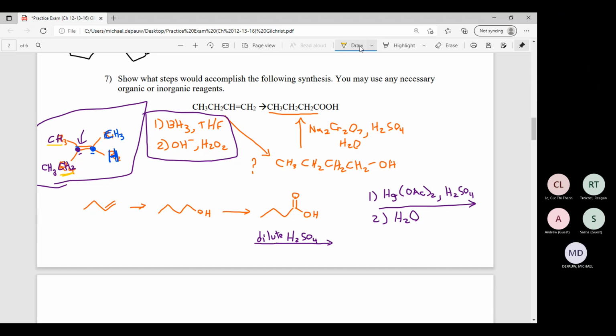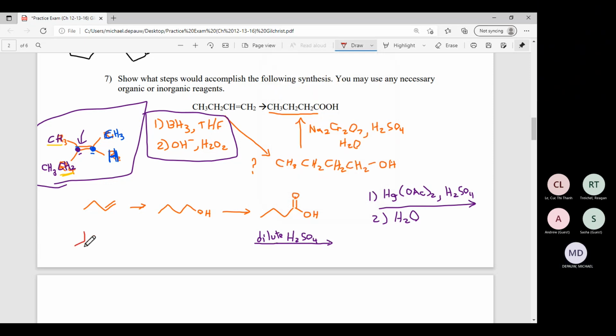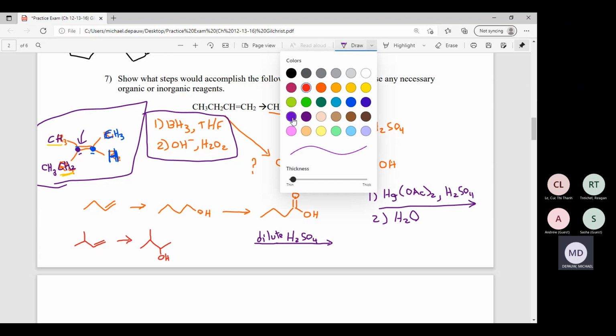But if you were to have a different molecule, let's say you had something like this, where you had a double bond here, and let's say you wanted to get this. So I want the OH to add to the more highly substituted side, in this case being this one.